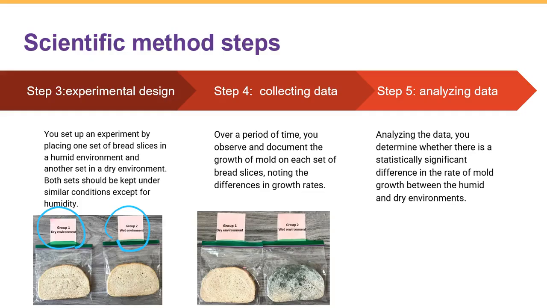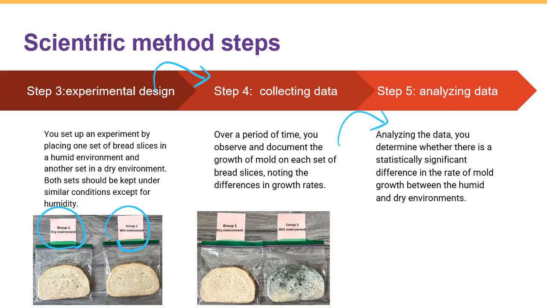And what would be the next step? In this step, you're going to collect your data. After a period of time, for both of your groups, you're going to observe what has happened and document everything you found on your samples. That is the step of collecting your data, and now it's time to analyze your data.